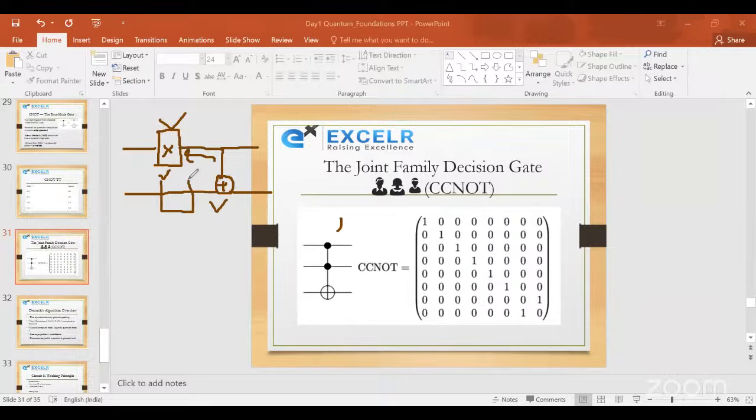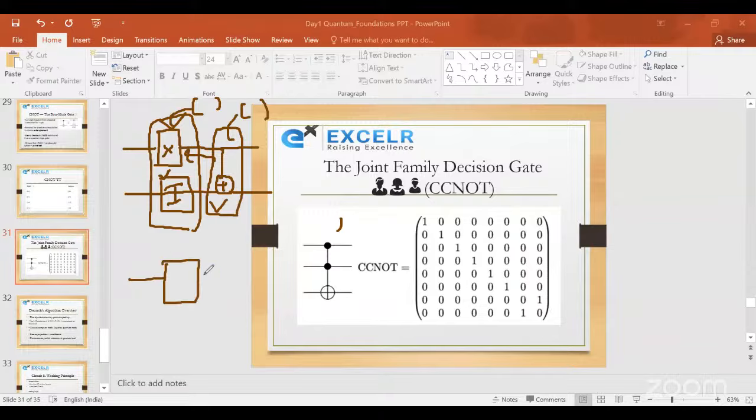Then this is a C naught gate, and this is the parallel arrangement of two gates, X and I. Now we will get a separate matrix for that, and a separate matrix for C naught. Now these two are in series, so we can do the simple multiplication of this matrix with that matrix. This is a new matrix, and this is a new matrix.